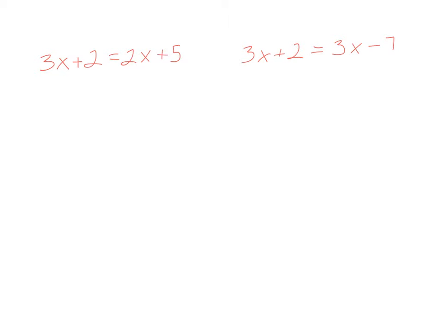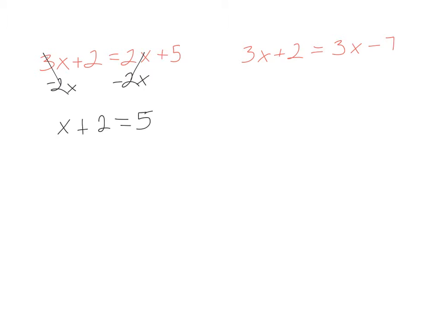So in this first example, 3x plus 2 equals 2x plus 5. If I went to solve this, and let's say I minus 2x from both sides to make sure my variable is positive, that's going to be a positive 1x plus 2 is equal to 5.